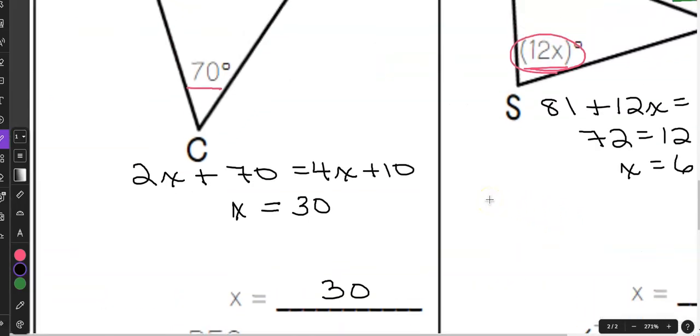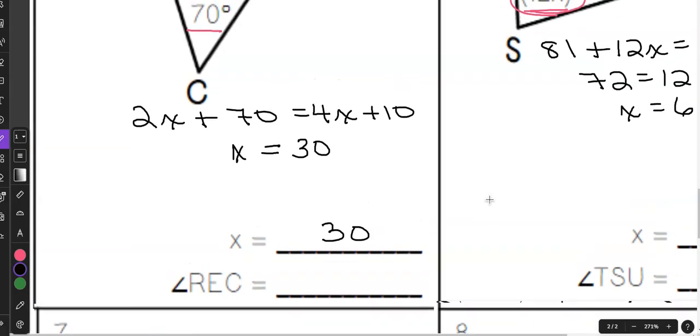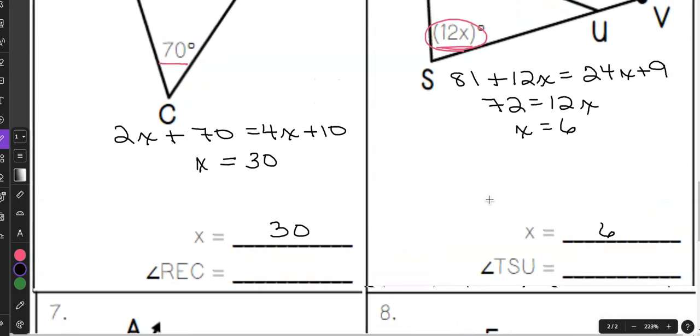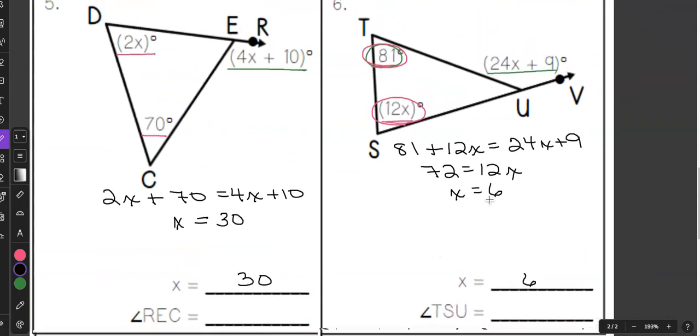If x equals 30, what they're asking for on number 5 is angle REC. Let's talk about how you find that. Angle REC, you start at R, you go to E, and then C. So that's this angle right here, the 4x plus 10.